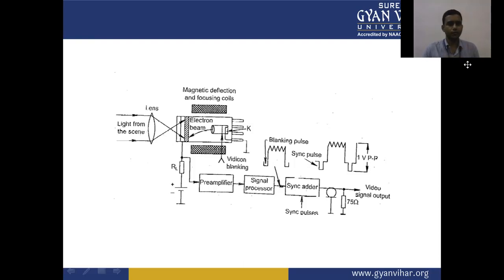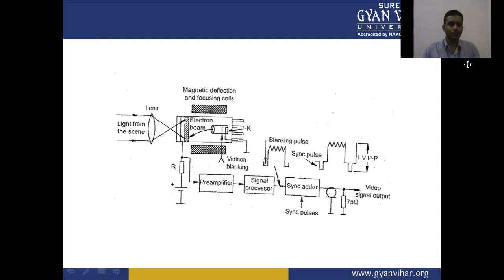Light comes from the scene, and the lens converts it into a wavefront that is given to the camera tube. The camera tube has an anode and cathode, and the electron beam is passed through this. The electron beam is focused on the anode, and we get a signal which is applied to the preamplifier, which amplifies the signal level.